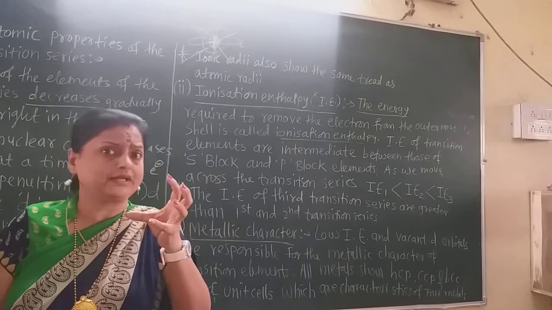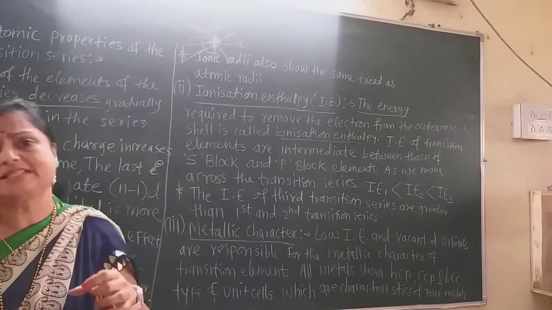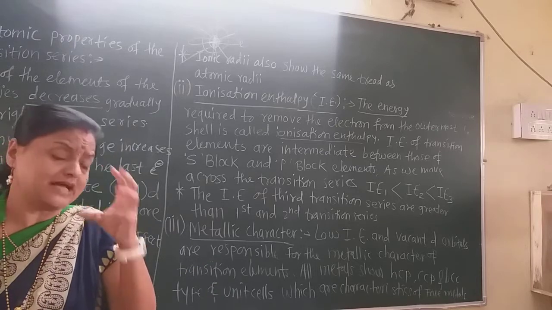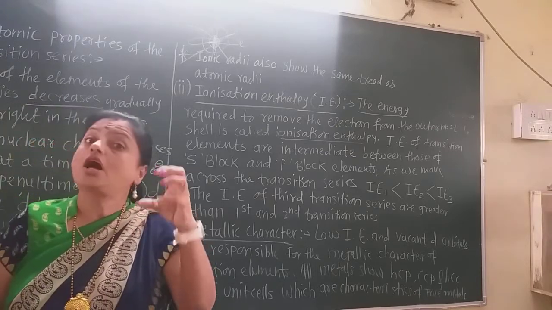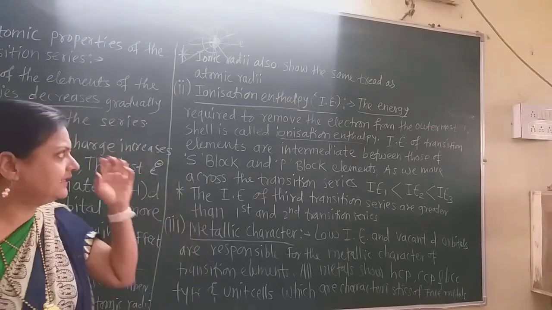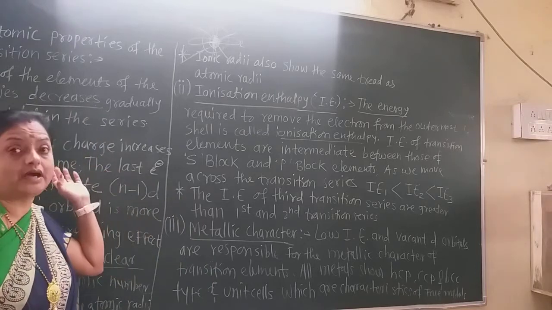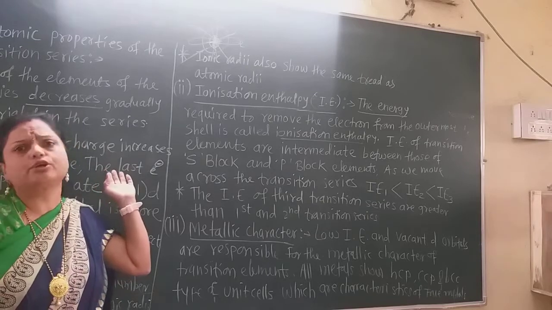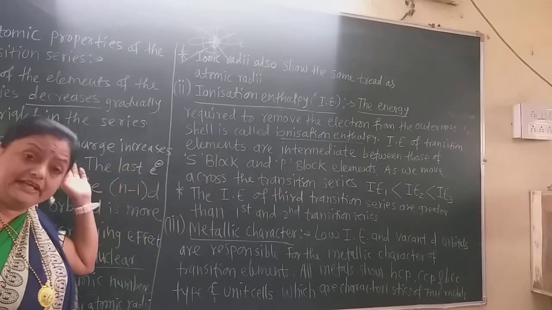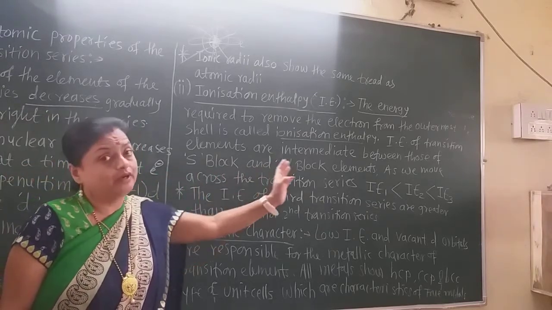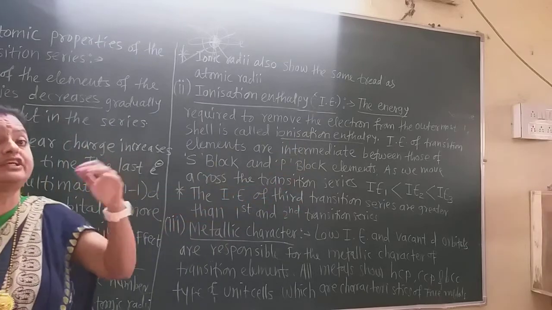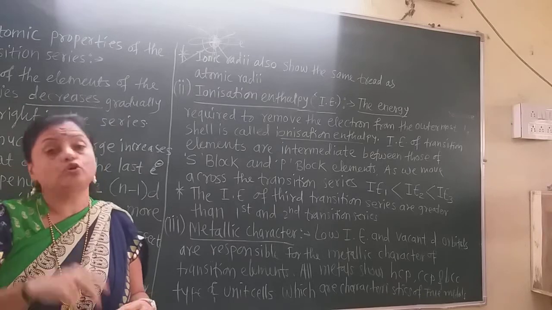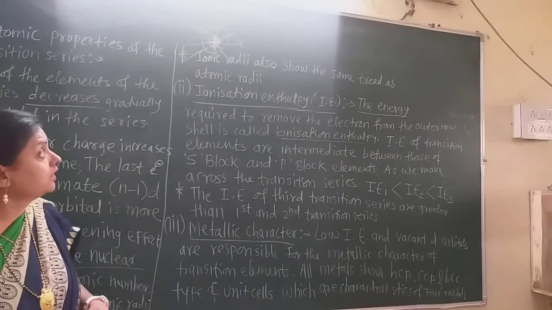Atomic radii means the radii of neutral atoms, and ionic radii means one or two electrons are removed so that it becomes an ion. The ionic radii also have the same trend: the distance from the center to the last shell decreases as we go from left to right, because there is also an increase in nuclear charge due to the removal of electrons.